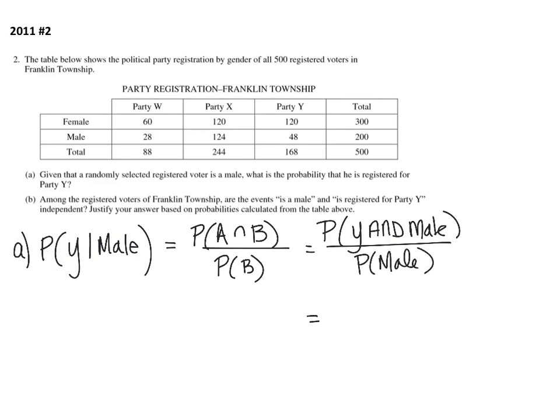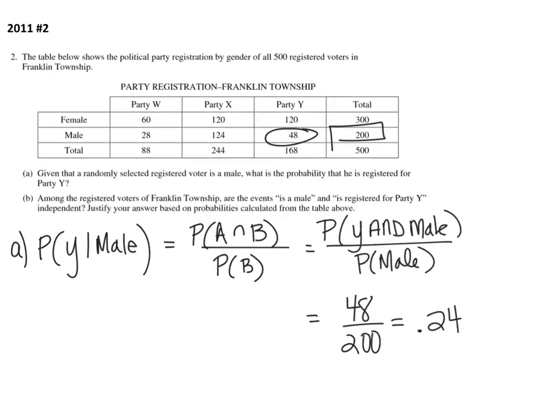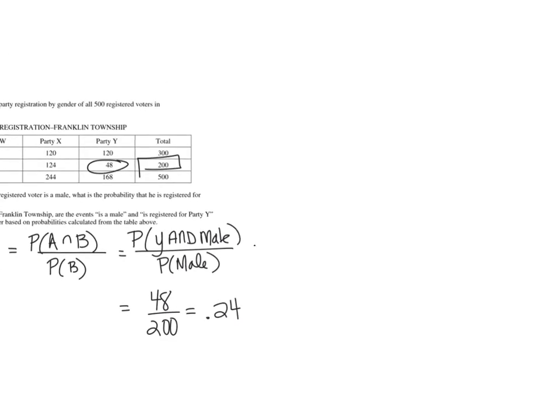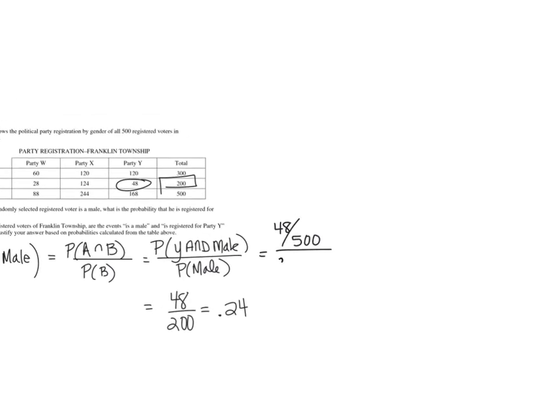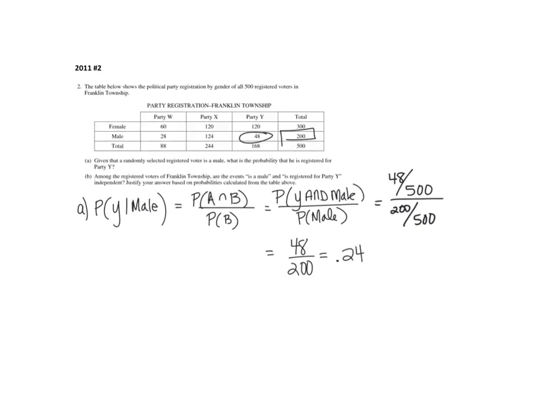So Y and male, 48 out of males, 200, which reduces to 0.24. Now, if you did it with the rule, it would be 48 out of 500. Males would be a total of 200 out of 500. But that reduces to 48 out of 200.